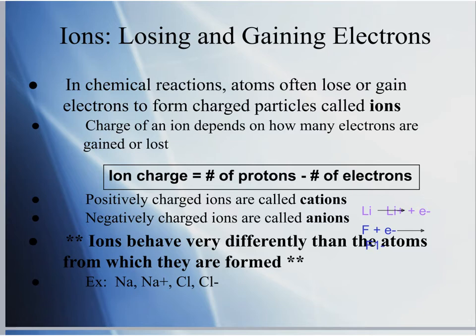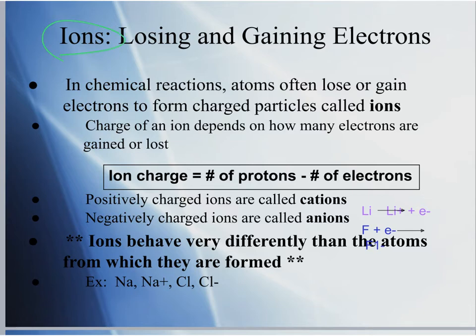We made a big deal about the number of protons and electrons being equal in an atom. That way they're neutral. Now we're going to talk about atoms that lose or gain electrons. So now we don't have an equal number of protons and electrons. These guys are called ions.